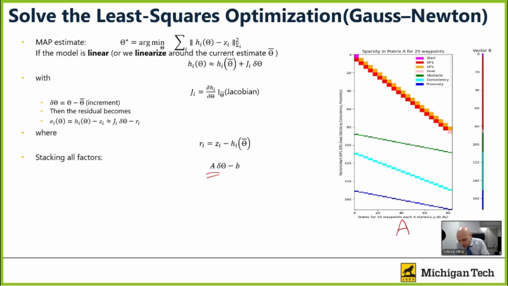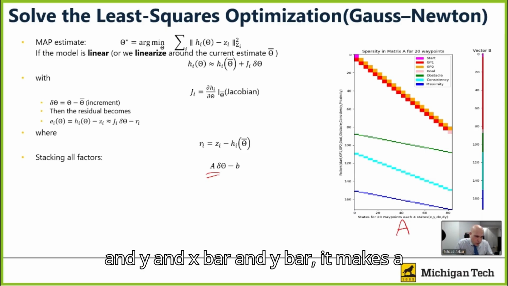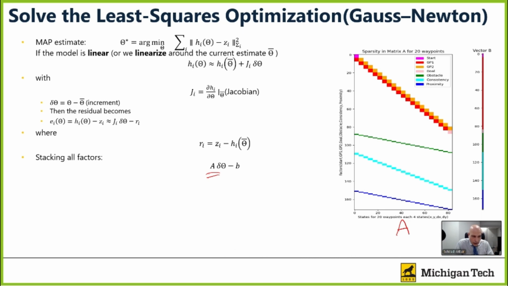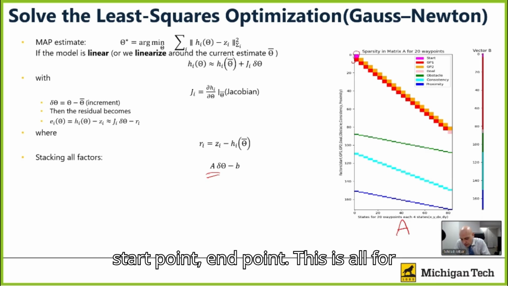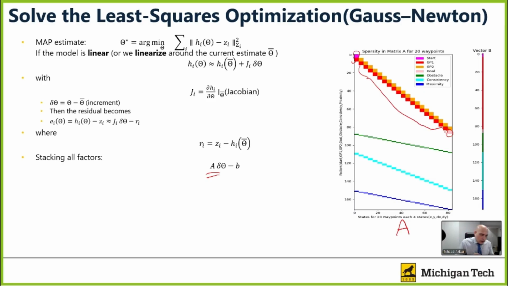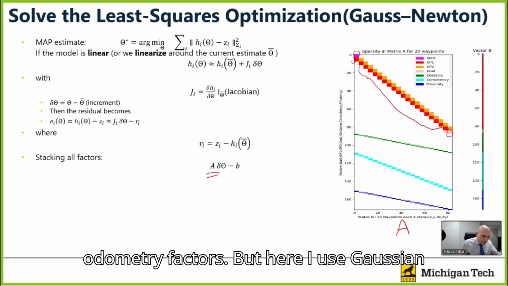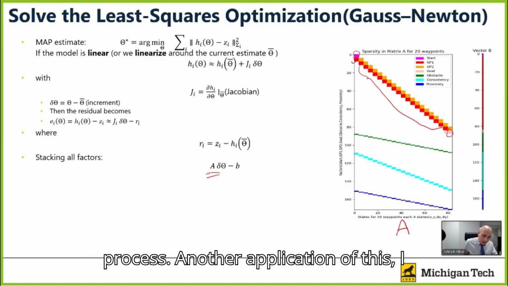For example, these boxes, orange or red, because it's x and y and x bar and y bar, make a 4x4. Jacobians become like that. This is for a start point, end point. This is all for odometry factors, but here I use Gaussian process.